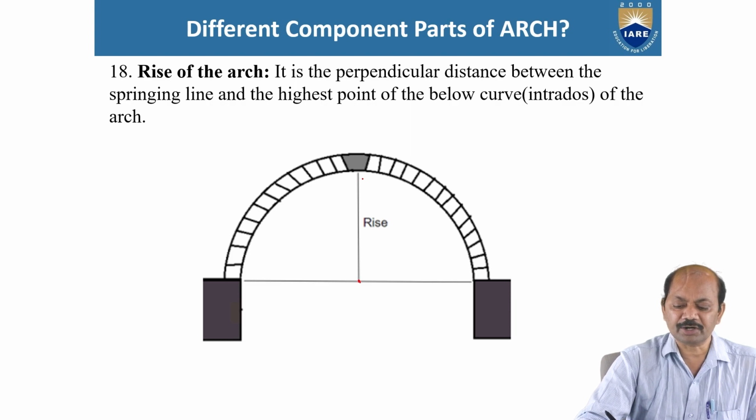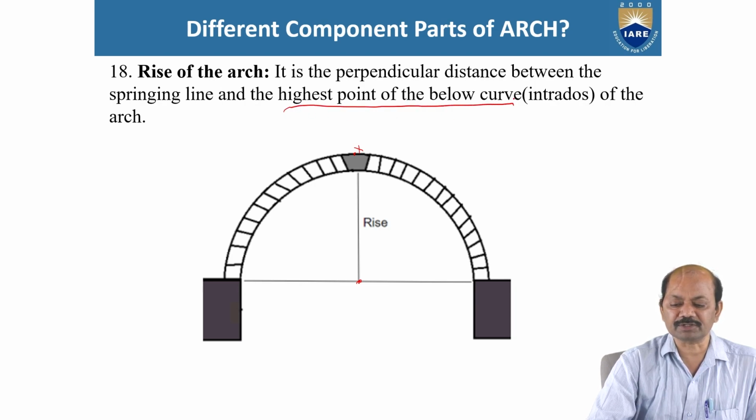You should not take rise from here to here. It is wrong. You have to take it from the center of the arch to the highest point below the curved surface. Below curve is this, that is the intrados of the arch. Highest point of the intrados of the arch.